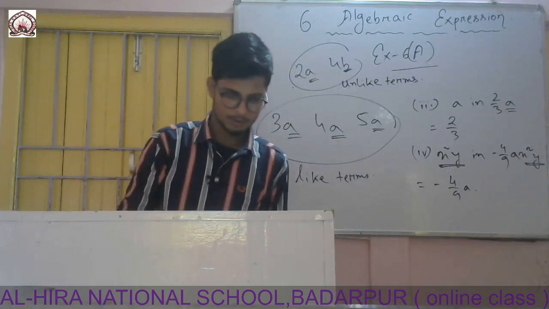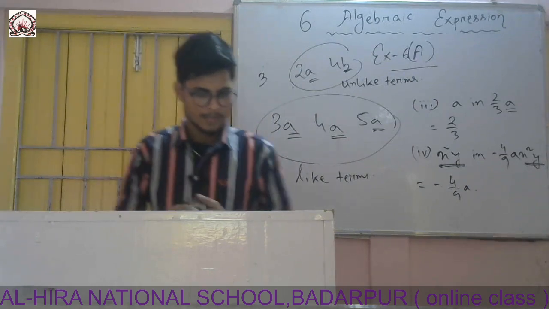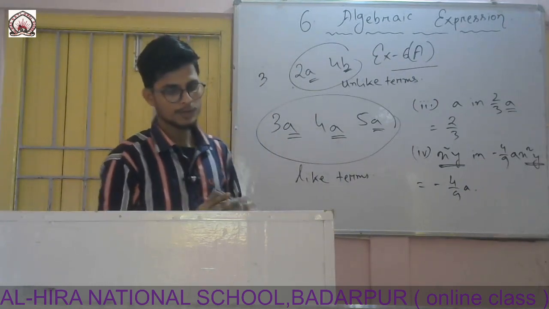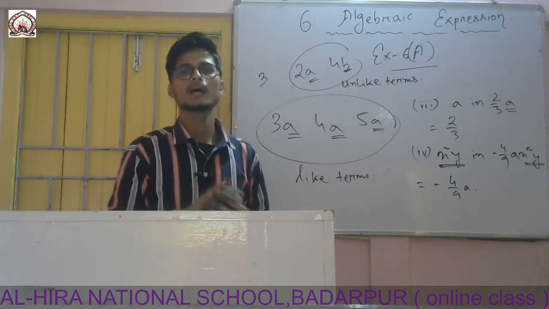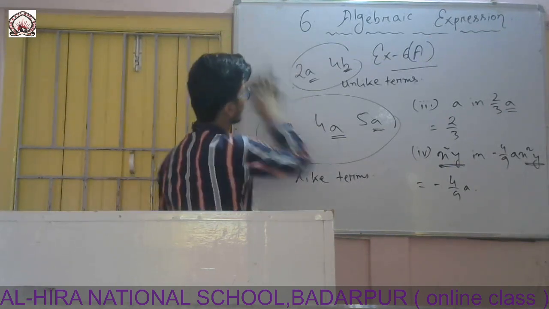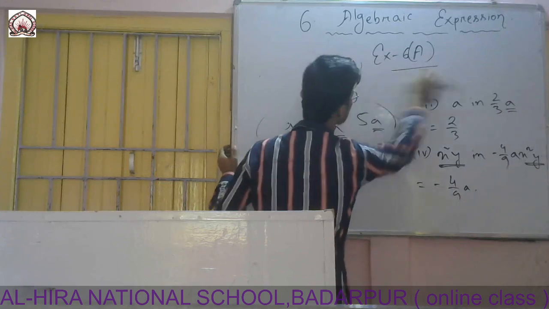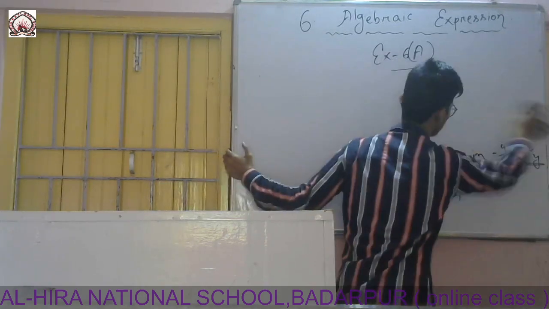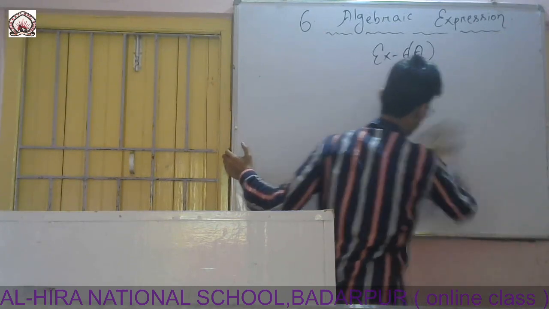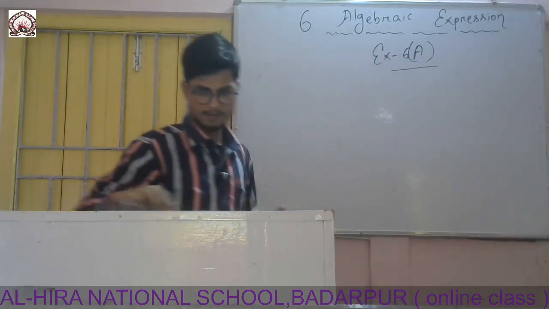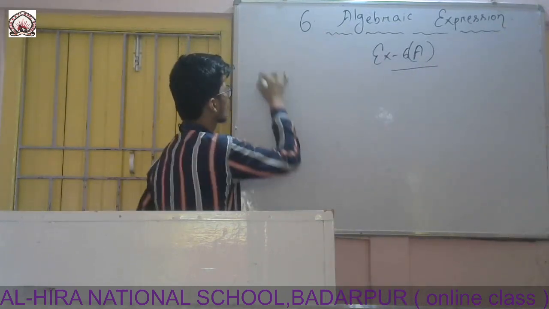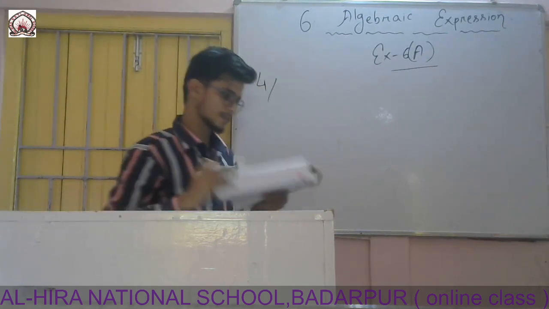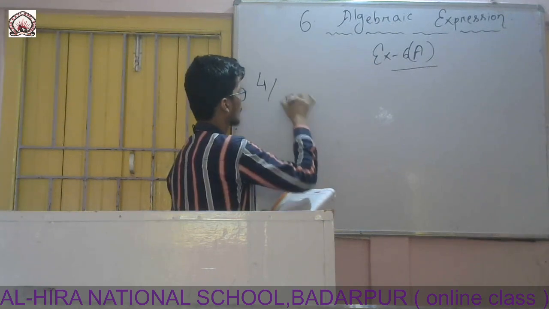Okay. So question number 4 you see, identify like terms in each of the following. So in each of the following case you have to find out the like terms. Okay, let me do Roman 1.